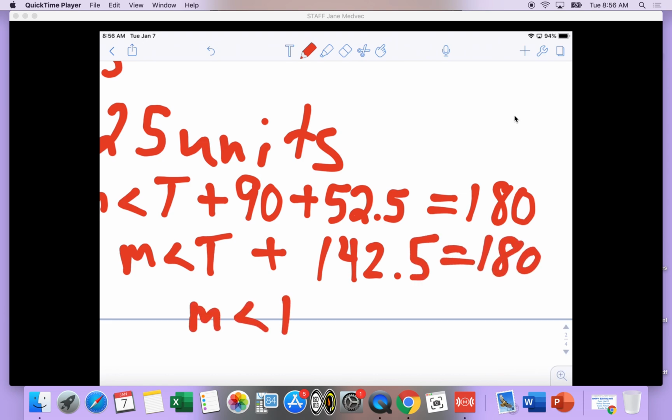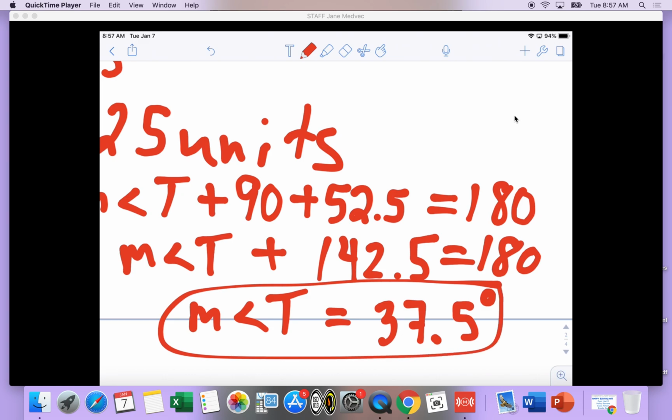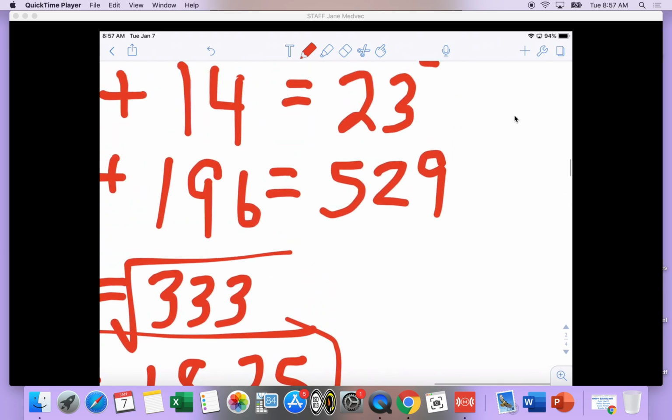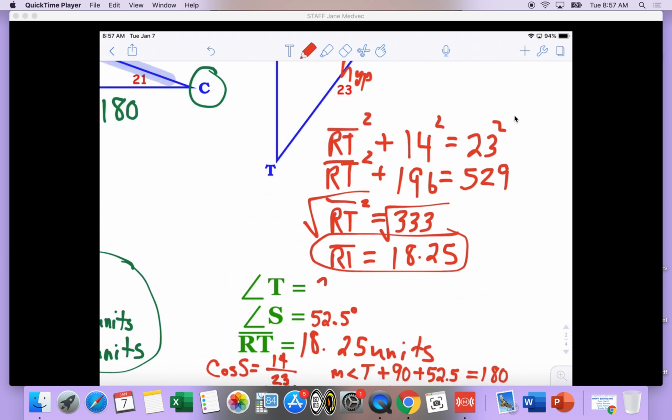The measure of angle T then would be, I got 37.5. Does that make sense? Yeah? No? Yeah? Okay. So T is 37.5 degrees. And again, if you got S wrong, you just got T wrong. So maybe on the ACT you would use trig again to make sure that what you did was right. Questions?